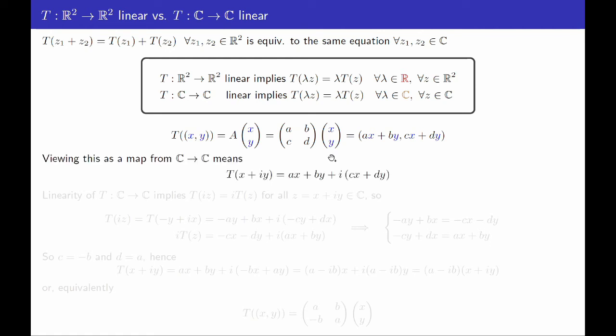Now, viewing this map as a map from C to itself means the following. The vector (x, y) corresponds to the complex number x plus iy, and the outcome vector corresponds to the complex number ax plus by as the real part, plus i times the second component, cx plus dy, as the imaginary part. Now we're interested in understanding when such a map is linear from C to itself.